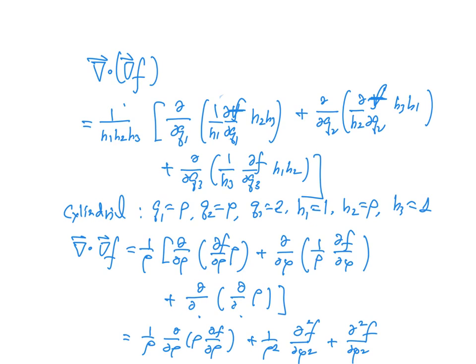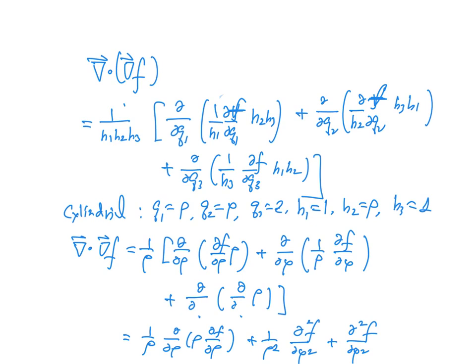Partial phi, partial, H2 is 1 over rho, partial phi, partial F, H3, H1 is 1, plus partial z, partial, H3 is 1, so partial z, partial F, H1, H2 is rho.